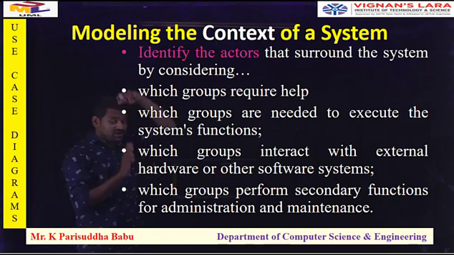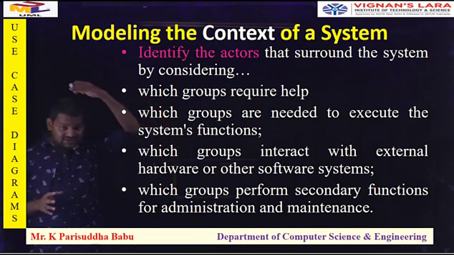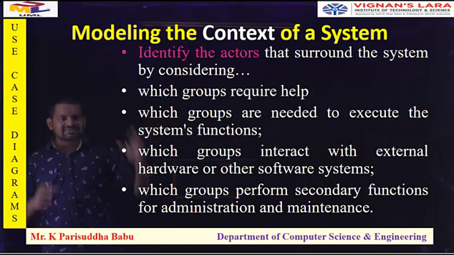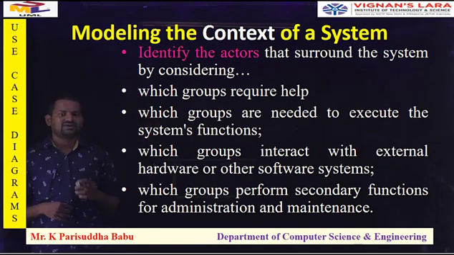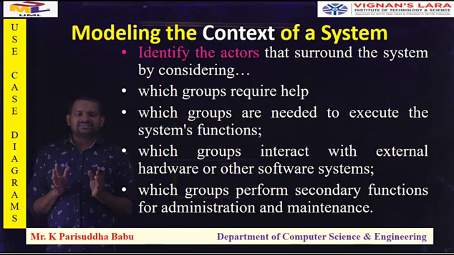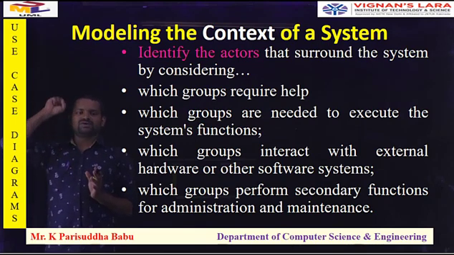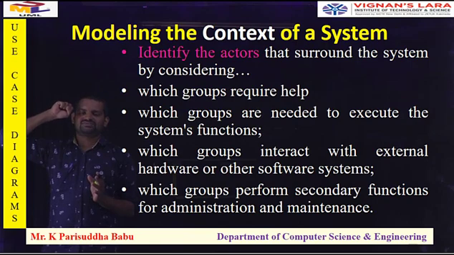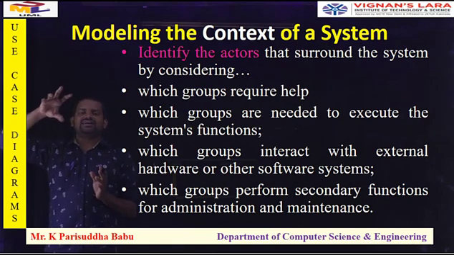So that kind of thinking, identifying the actors which are available in a system. Which group performs secondary functions, which group performs interactions or external hardware operations, which groups need to execute the system's functions, which groups require help.